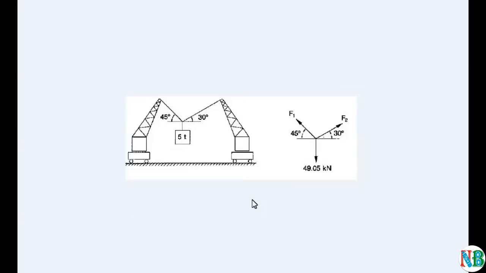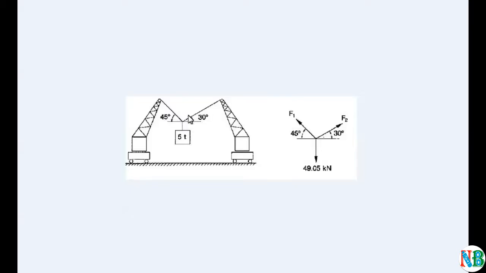Previously, we saw equilibrium of concurrent forces, a small example of a simple pendulum, and the types of equilibrium. Now we are going to see another example with this picture. In this picture, two cranes are lifting a weight of 5 tons. Crane 1 lifts the weight through its string, and crane 2 lifts the same weight.